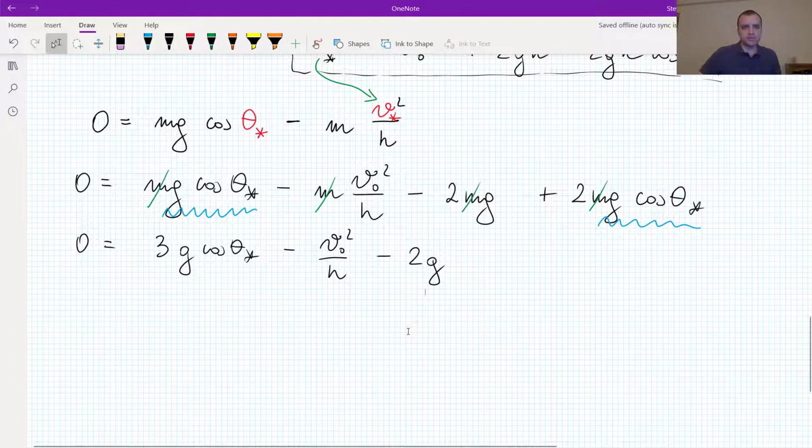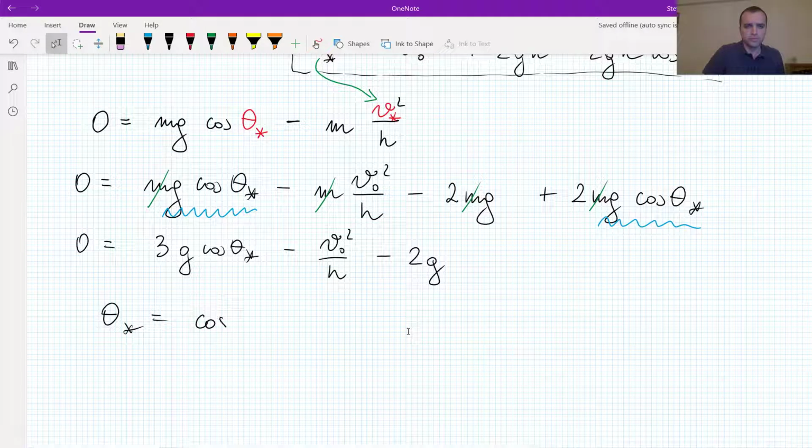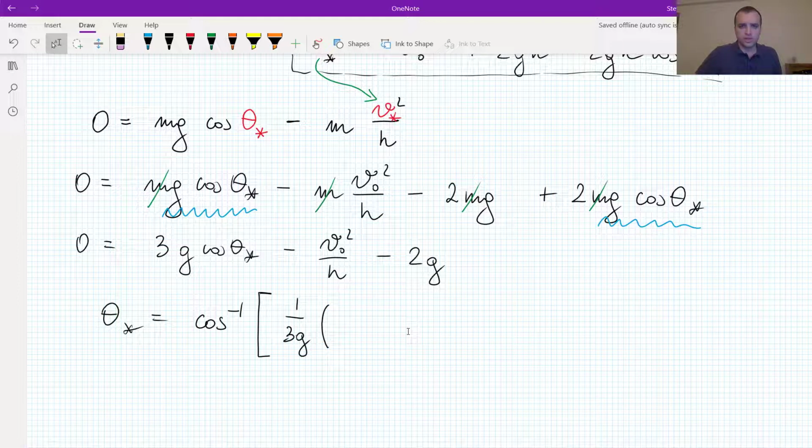So our theta star will be arc cosine of 1 over 3g times v0 squared divided by h plus 2g.